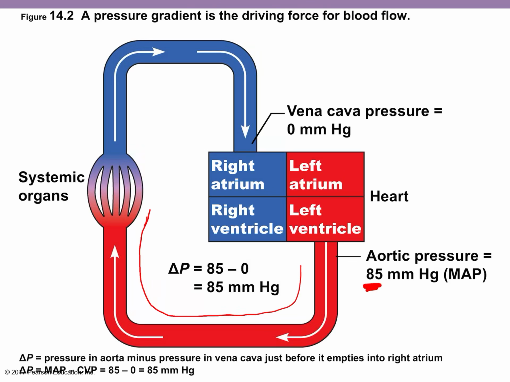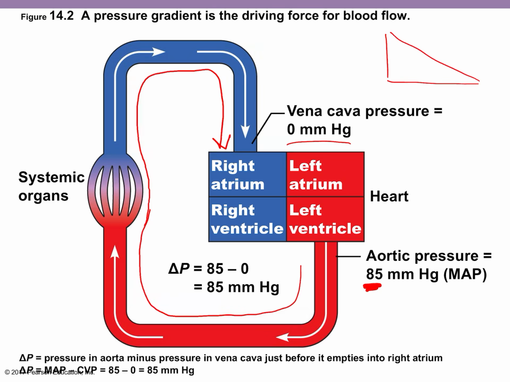So we have the arteries, arterioles, capillaries, venules, and then the veins bring the blood back to the right atrium of the heart, at which point the pressure is zero. So you can see that the blood is going to be driven through the body by a very steep pressure gradient, all the way from 85 or 90 millimeters of mercury to zero.